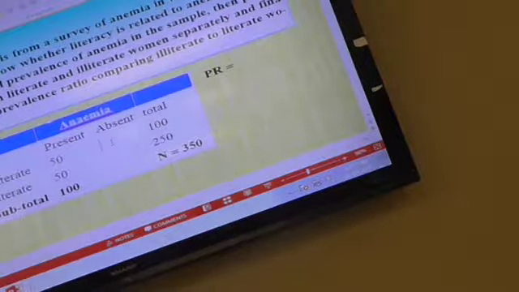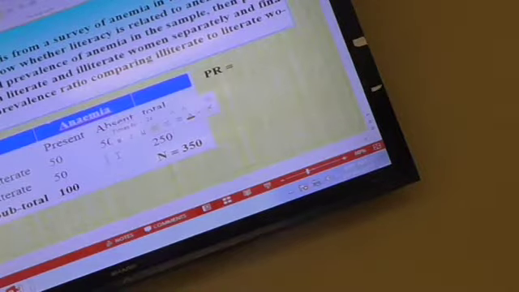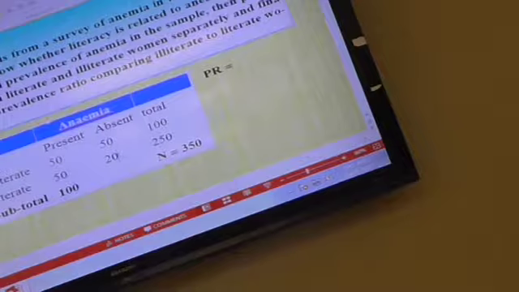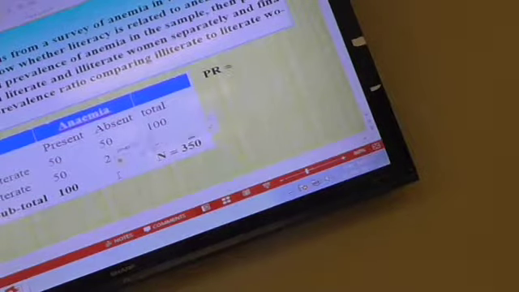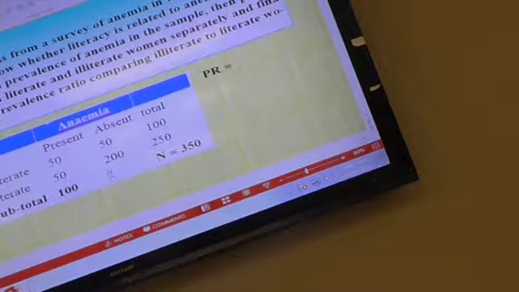So all you have to do is fill out these cells if you want. You don't need them for the analysis, but you can do that. Then this one is 200. Here you have 250.